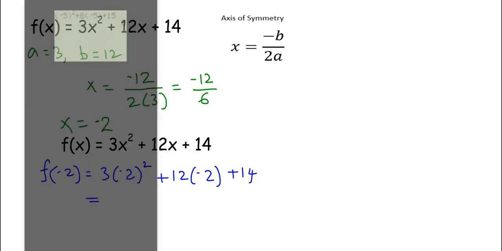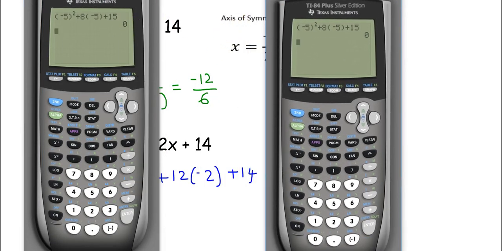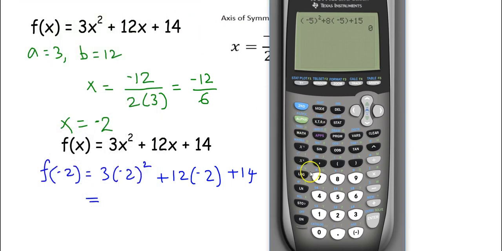Let me show you how. 3 times negative 2 squared plus 12 times negative 2, close parenthesis, plus 14 is equal to 2.